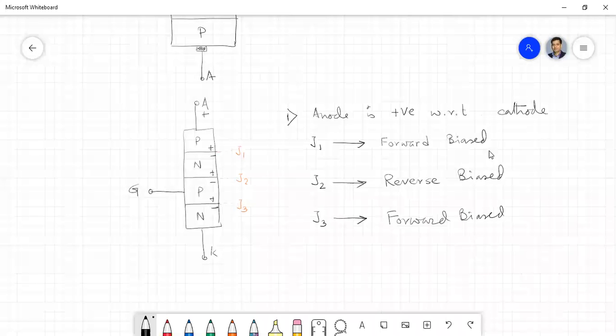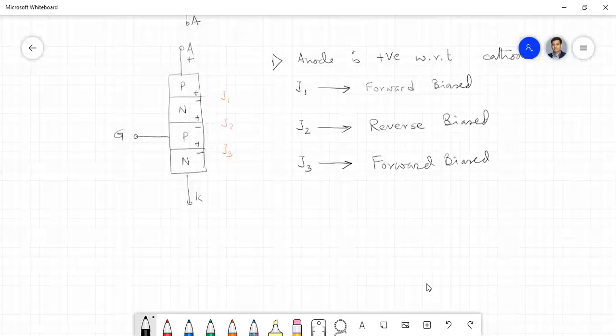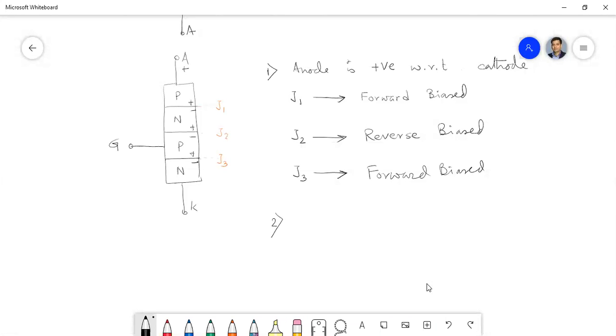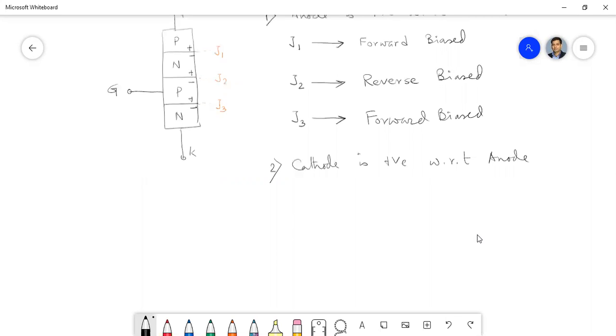Next I will discuss another condition where the cathode is positive with respect to the anode. Now let us draw the situation, and you just try to answer this.